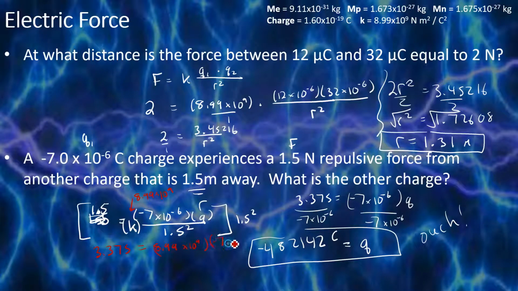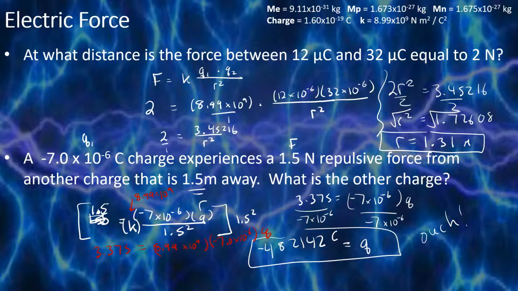and negative 7.0 times 10 to the negative 6, then our Q. So I'm going to multiply these two numbers together and then divide into the other side. I'm not going to show all of that anyway, because we already did this problem.